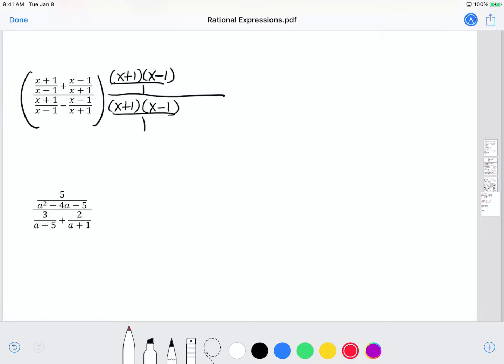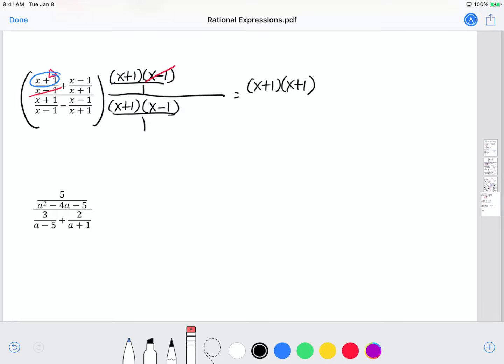Now I'm going to take x plus 1 times x minus 1 times this first mini fraction. When I do that, the x minus 1 crosses off with this x minus 1, so I'm left with x plus 1 times x plus 1. That's what's left when multiplying by the first mini fraction.